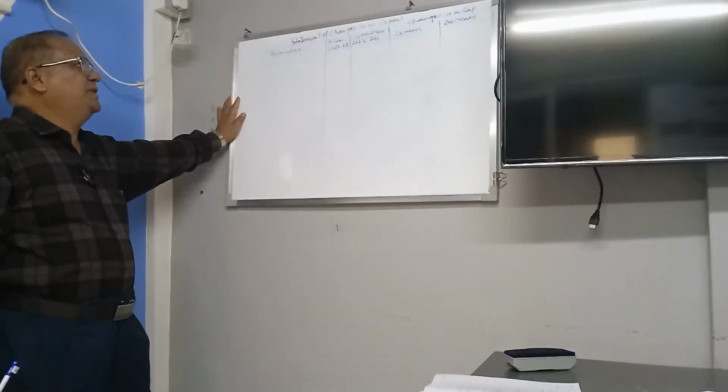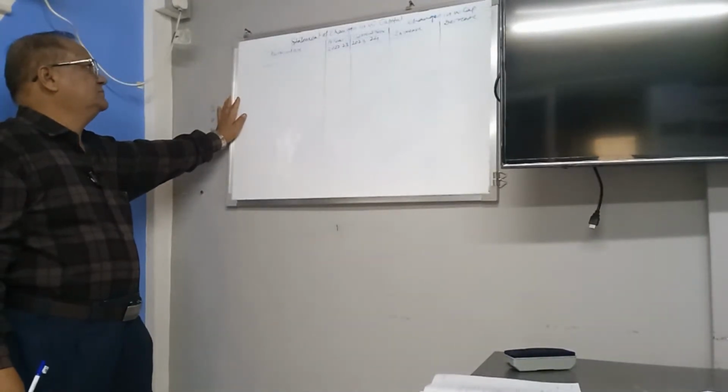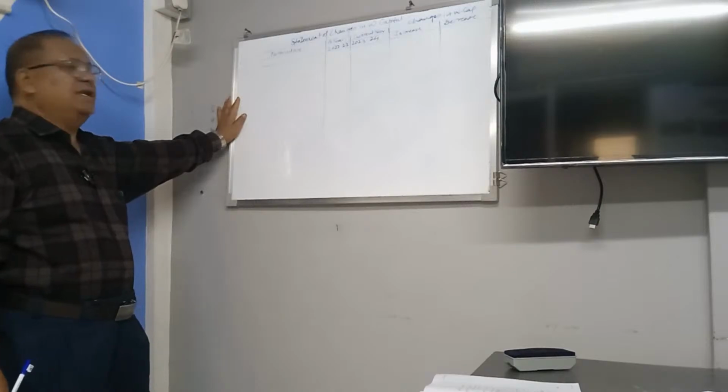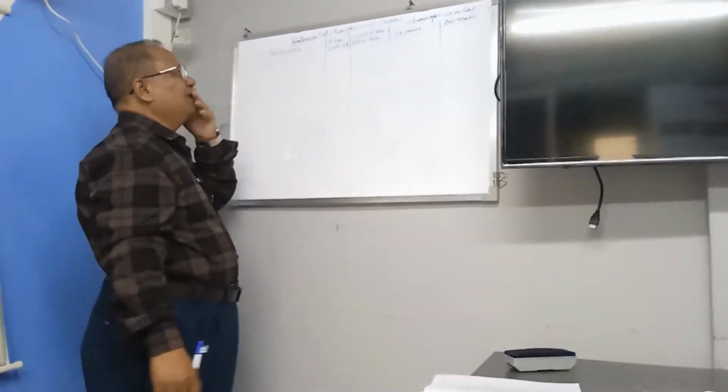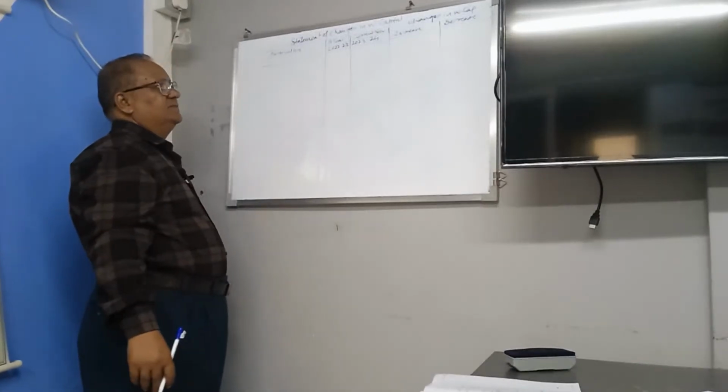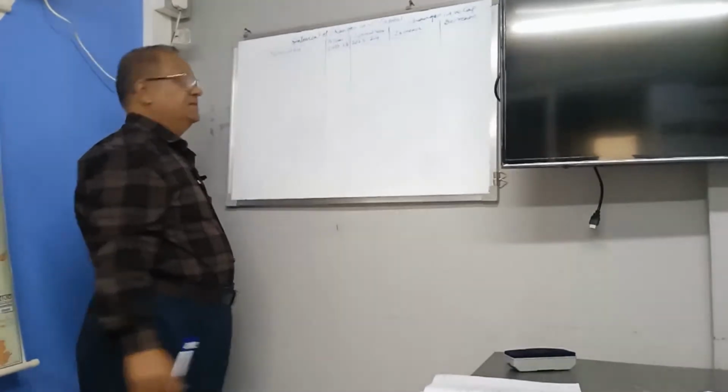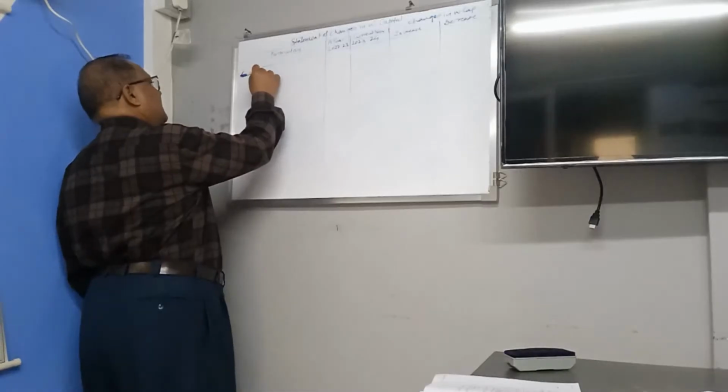Statement of changes in working capital. First year, that is previous year, current year, changes in working capital, increase or decrease. In that A, you will take first current assets.